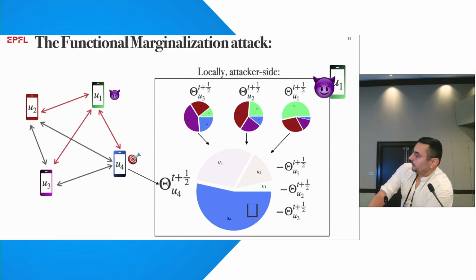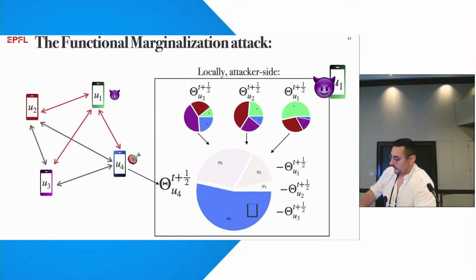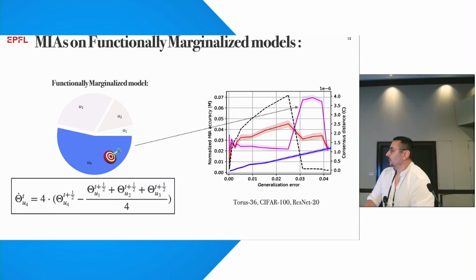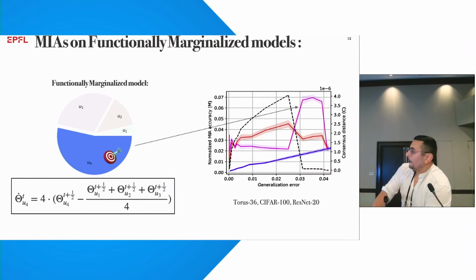Essentially, what we are doing here is arithmetic in the parameter space in order to marginalize out the contribution of the target user. Now, once we have this functionally marginalized model, we can use it as input for membership inference attacks. And because of what was said before, attacking this set of parameters allows the attacker to infer even more information about the underlying local training set of the victim.